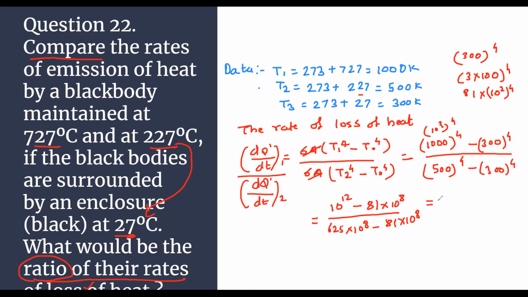The remaining term in the numerator is 10 raised to 4, so I write 10,000 minus 81, upon 625 minus 81. Then 10,000 minus 81 is 9919, and in the denominator 625 minus 81 gives 544.